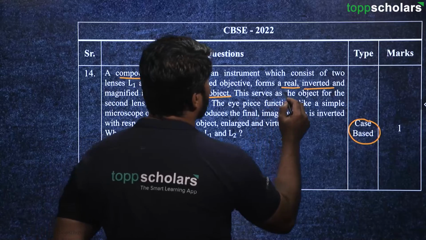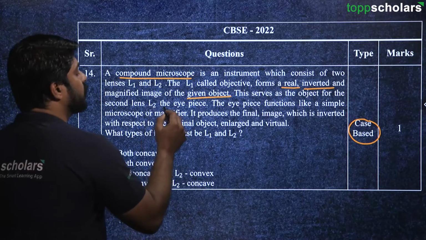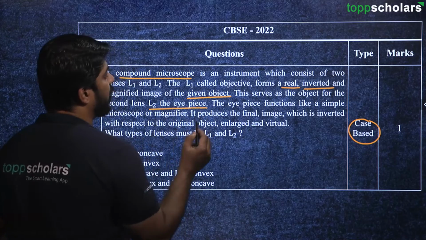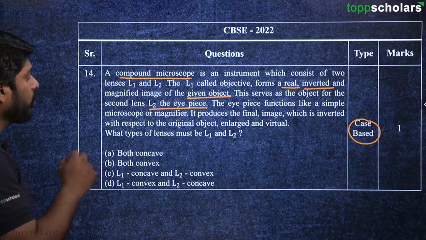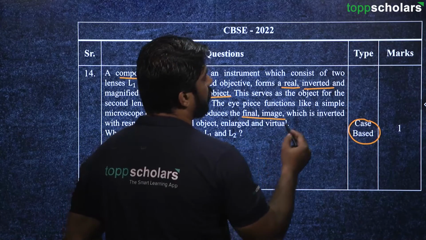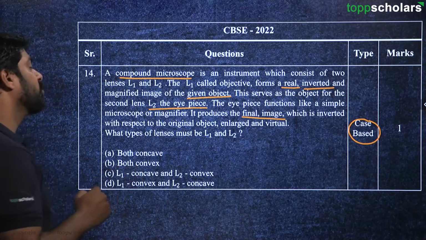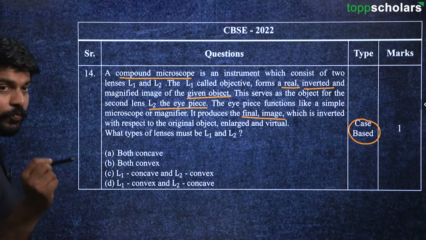This serves as the object for the second lens, L2, the eyepiece. The eyepiece functions like a simple microscope or magnifier. It produces the final image, which is inverted with respect to the original object, enlarged and virtual.